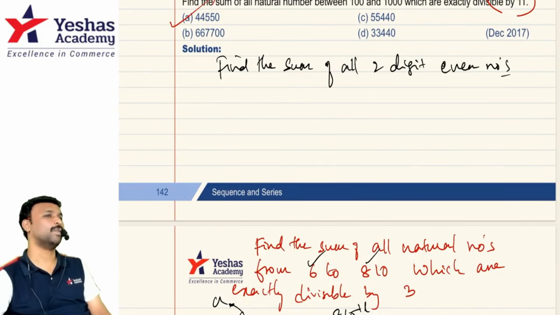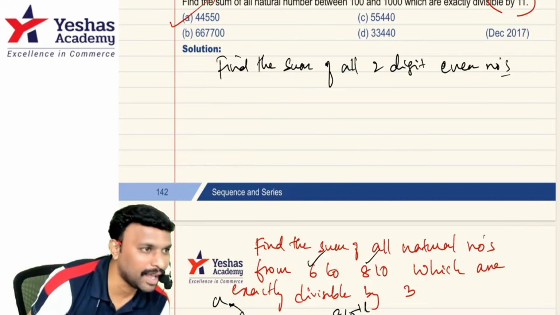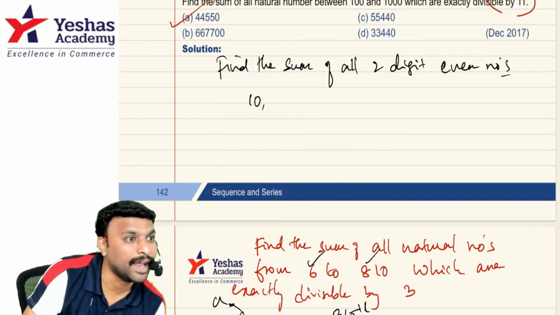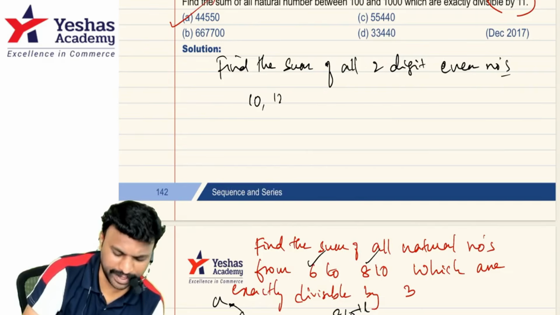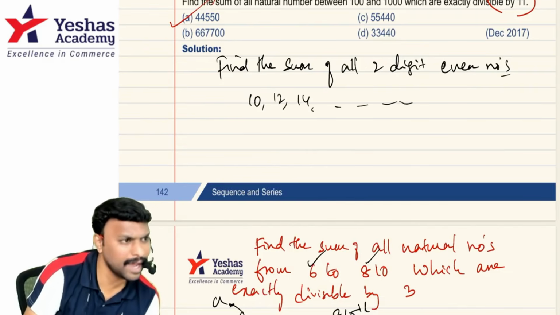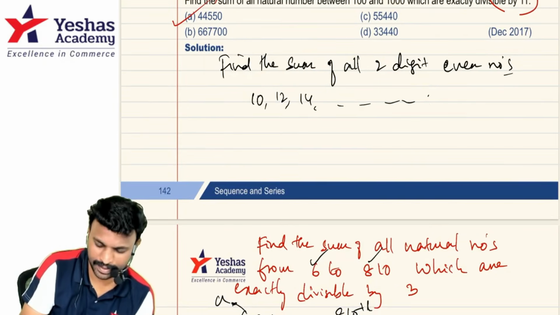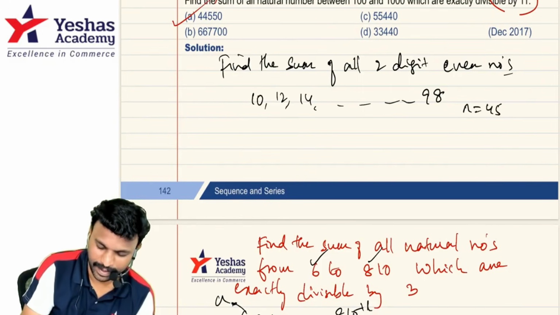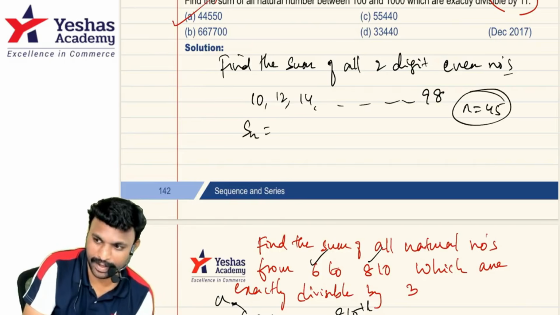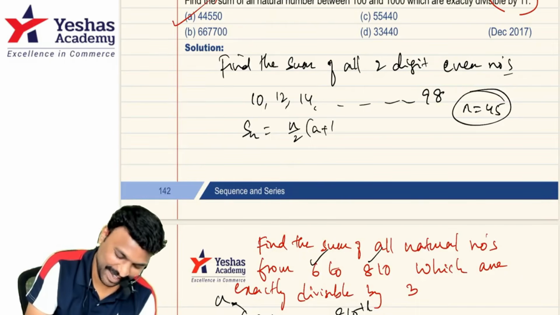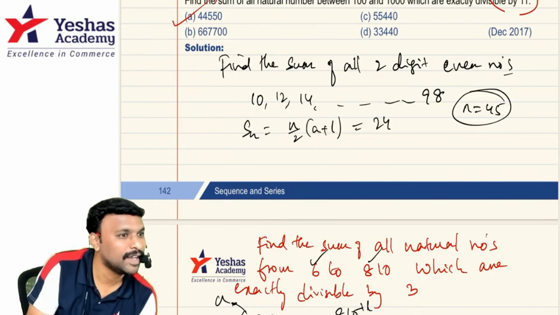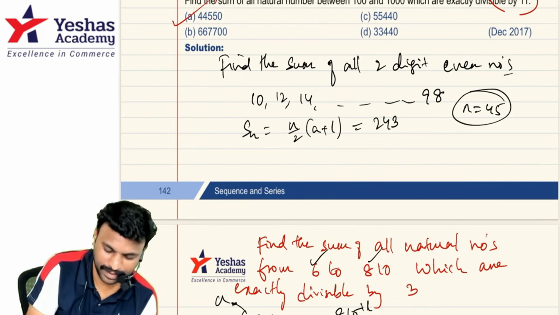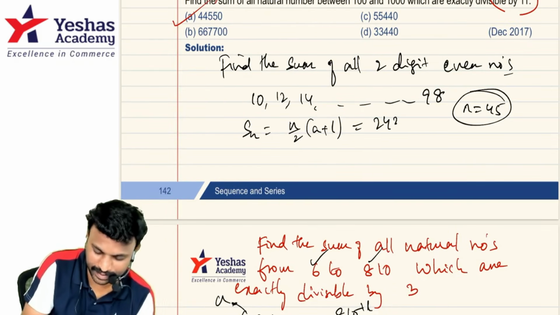Two-digit even numbers. What's the first two-digit even number? 10 or 12? 10. Next, 12. Next, 14. Last two-digit even number is 98. Not 30, na.